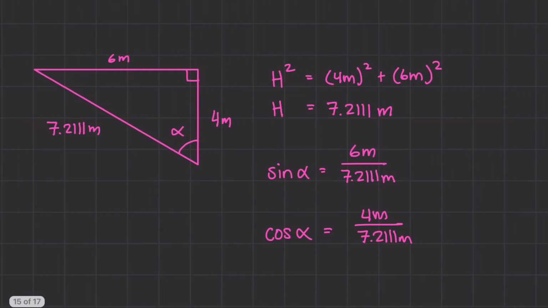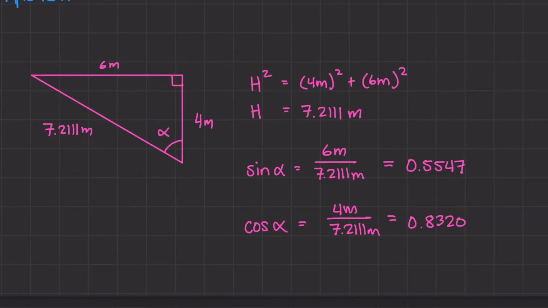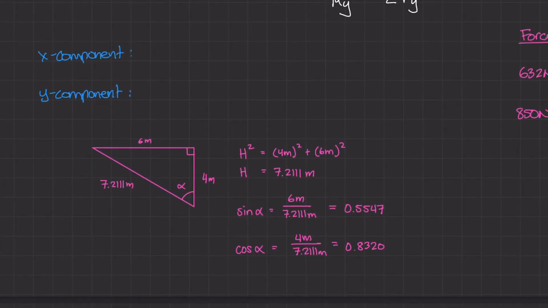And if we want to go one step further, we can solve these out in terms of their decimal values. You don't have to, but I will for the sake of this example. This is 0.5547. And for cosine of alpha, this turns out to be 0.8320.